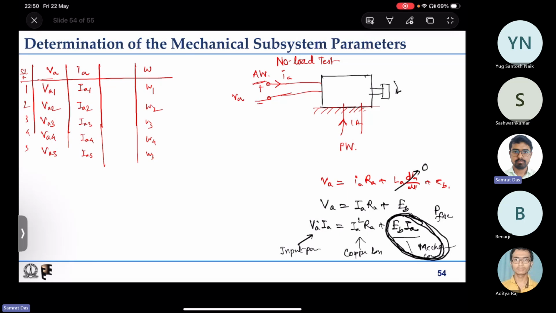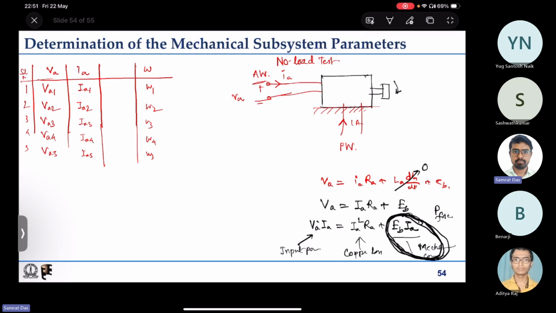Now you come to the specific case. Is there anything connected to the motor? No, no load is connected, so this amount of power is only due to the friction or core losses. There will be some core losses also in the DC motor, which is anyway quite negligible.